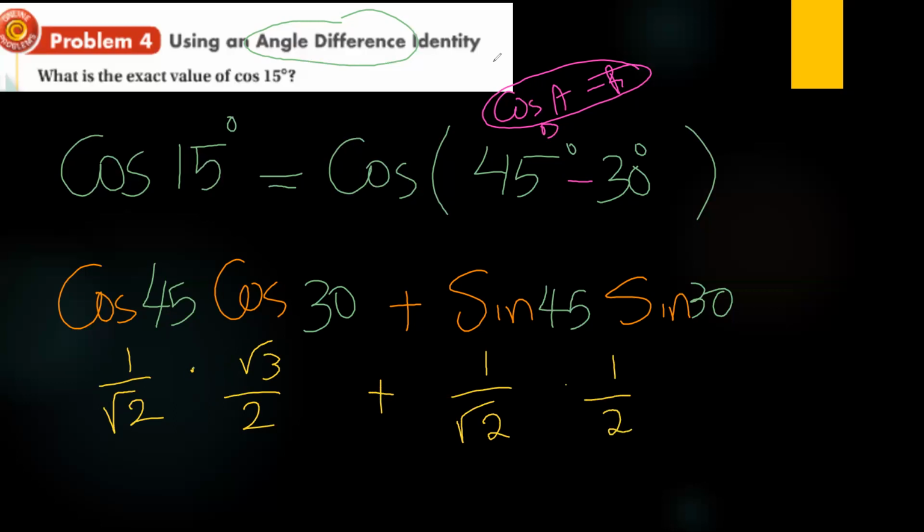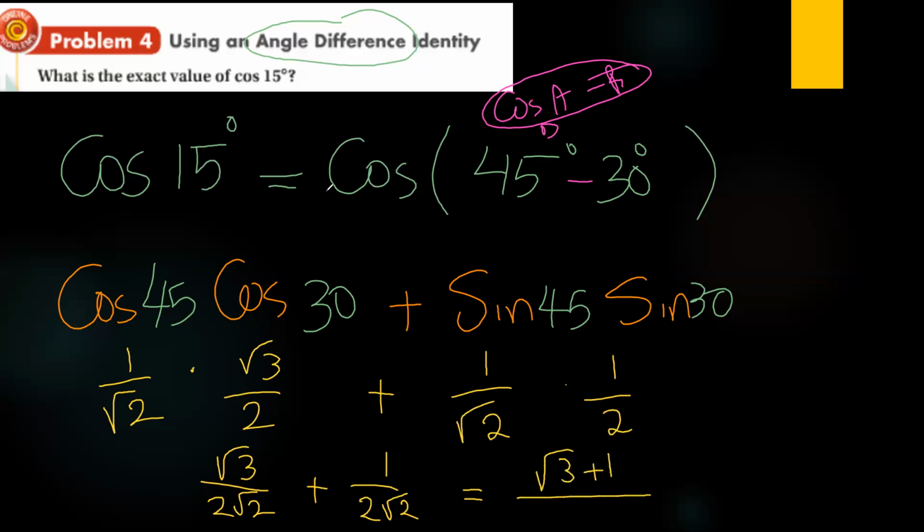So after I replace here, you will find that it's square root of 3 over 2 square root of 2 plus 1 over 2 square root of 2. Since we have the same denominator, we find the answer as square root of 3 plus 1 over 2 square root of 2.